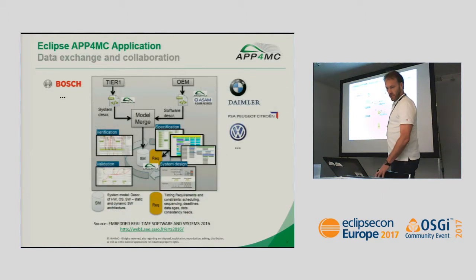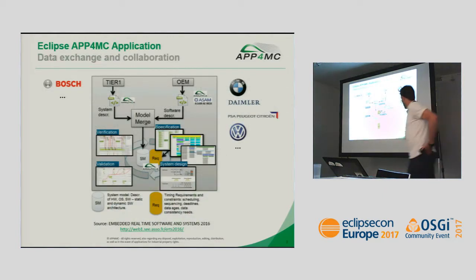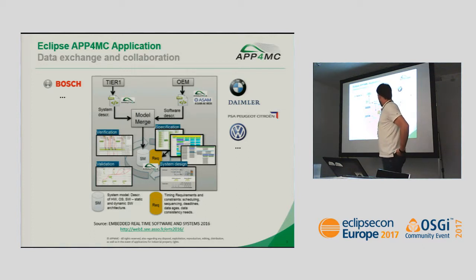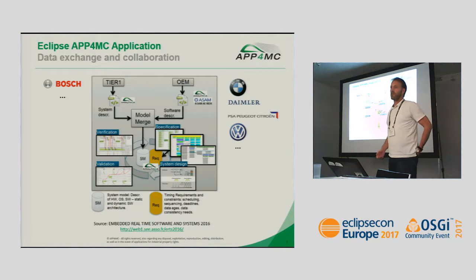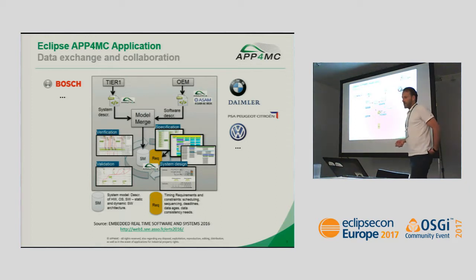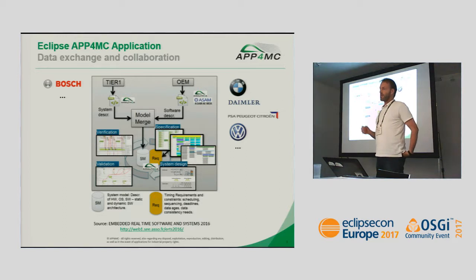Data exchange is shown in this picture. It was part of a report done by one of these OEMs. They described how they want to have a cooperation model between tier 1 suppliers and the OEM. In reality, it's often the case that the software is done partly by the OEM and partly by the tier 1.